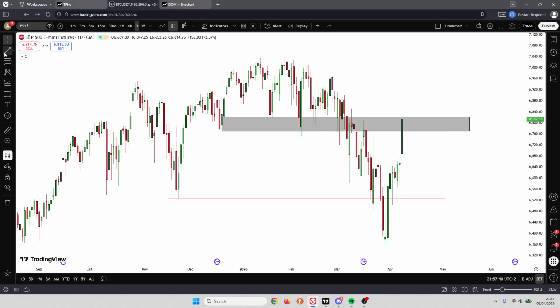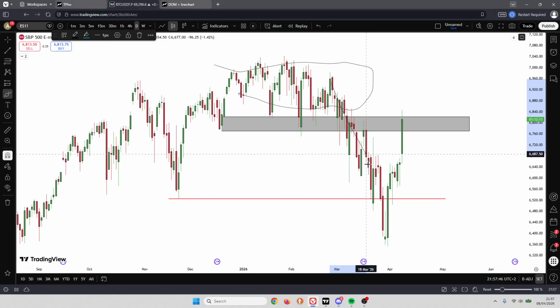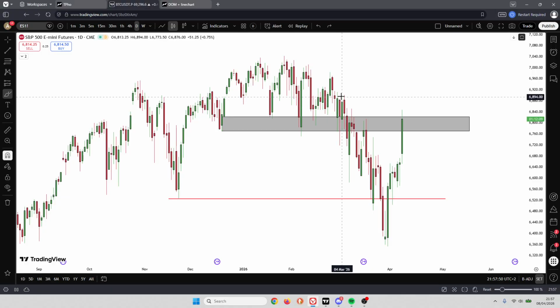Now, where did the distribution start happening? And with distribution, I mean a range into a drop. So where did the massive impulse really start? This caused the break. So this candle is something we will be watching. So super simple, we draw a line.